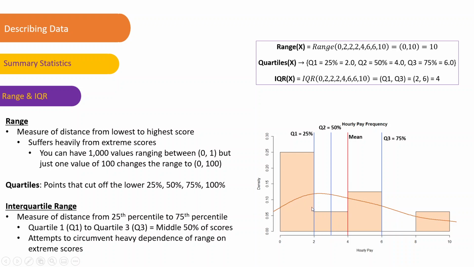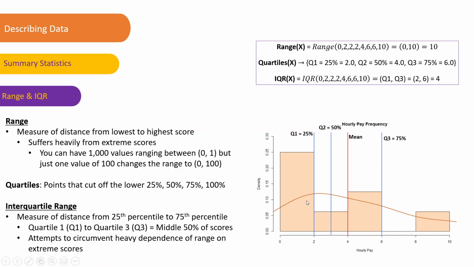And then we see that here where I have a histogram of hourly pay. So the range of the hourly pay would be from 0 to 10. I guess there are some people that maybe work pro bono or something like that. Obviously, this isn't realistic, right? But then we would see, using this example, that our Q1, our first quartile, would fall right here.